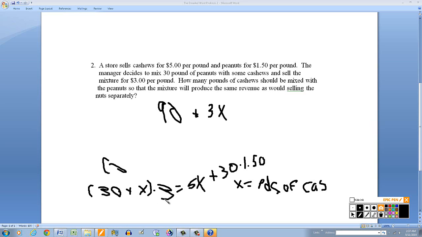So again, multiplying through the parentheses, 3 times 30 is 90. 3 times 1x is 3x. And then on the other side, we have 5x plus, and then we have 30 times 1.50, so that will give us 45.